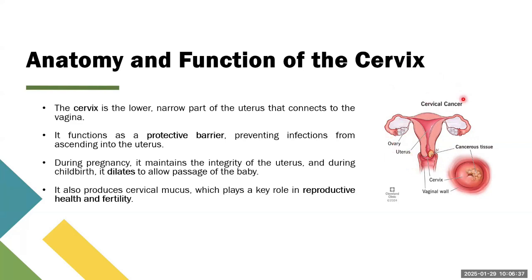So this was a brief overview of the structures of the female reproductive tract that are directly or indirectly linked to the cervix. Cervix literally means neck of something, so basically it's the neck of the uterus. During pregnancy, it maintains the integrity of the uterus.